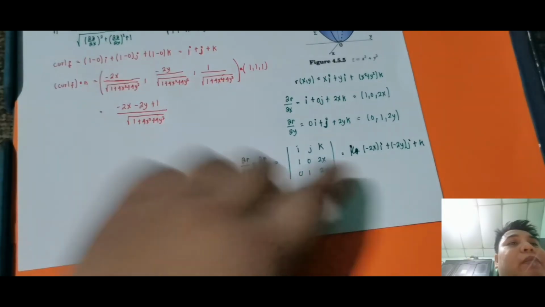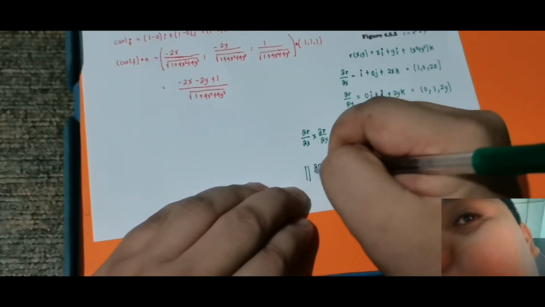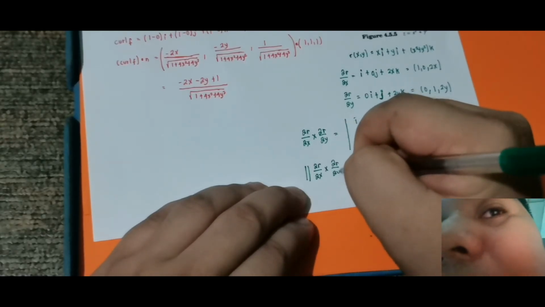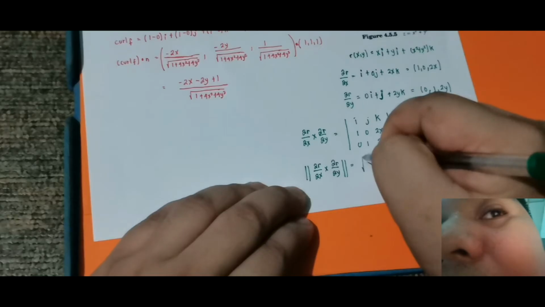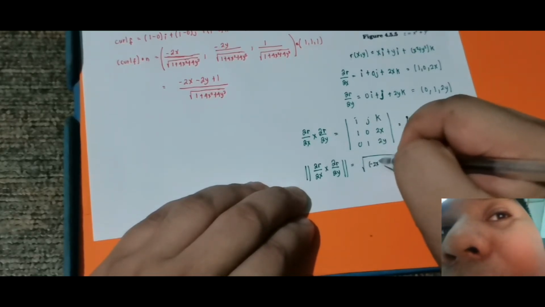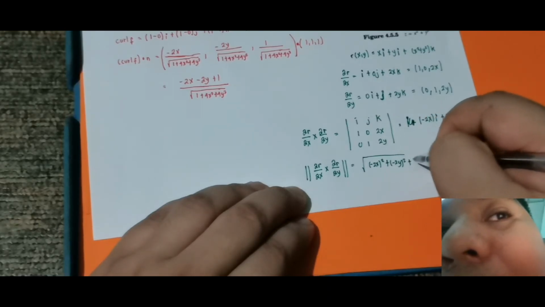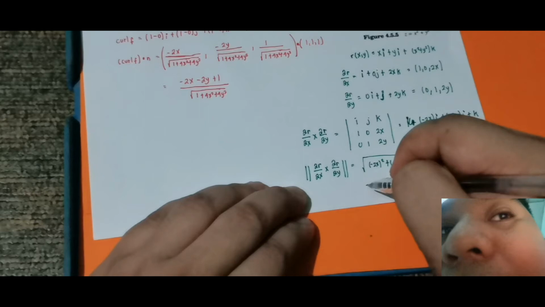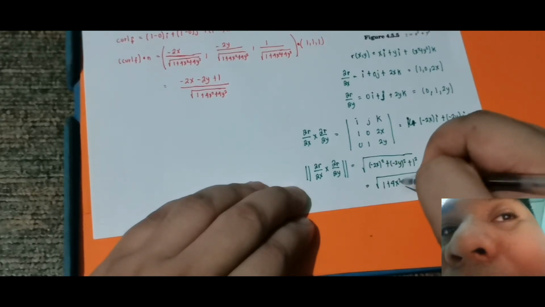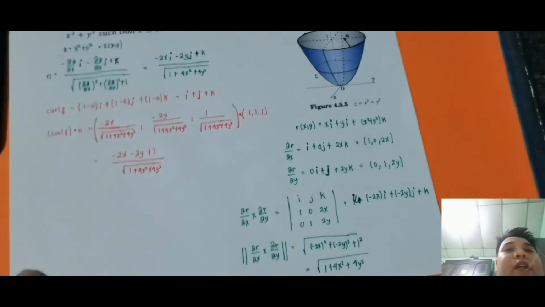Okay, so yan yung lumalabas na part niya. Next, kunin natin syempre yung kanyang magnitude. Pag kinuha yung magnitude, this is just square root ng part na yun: negative 2x squared plus negative 2y squared plus 1 squared, which is simply 1 plus 4x squared plus 4y squared. So, nakuha ko na siya.